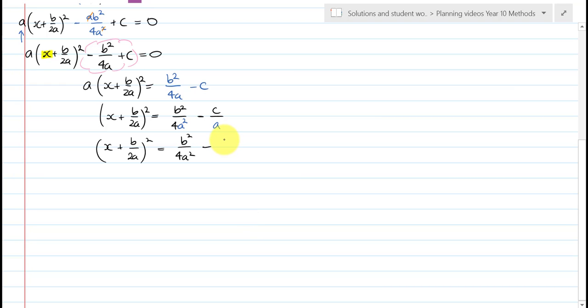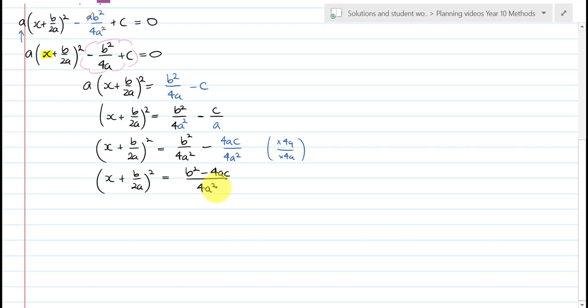The second fraction I'm going to write as 4ac over 4a squared. You notice here that I have multiplied by 4a and by 4a, and that gives me the same denominators in both fractions. And now I can combine these. So there's my left hand side, and over here I get b squared minus 4ac over 4a squared.